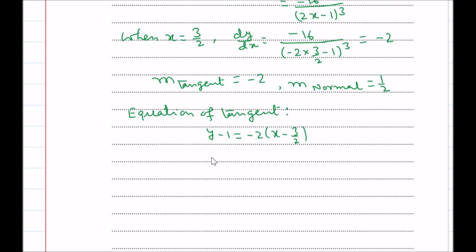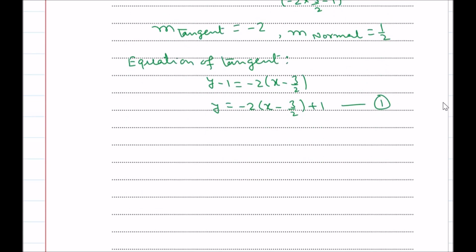Okay, so we got y equal to minus 2 times x minus 3 by 2 plus 1. This is equation number 1.